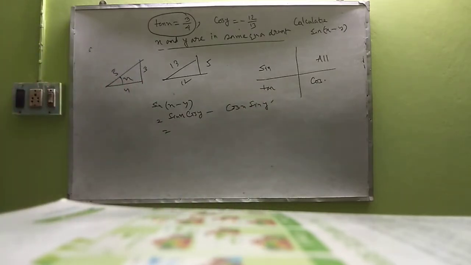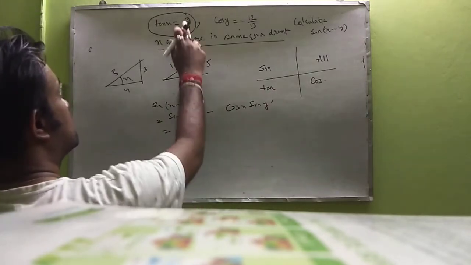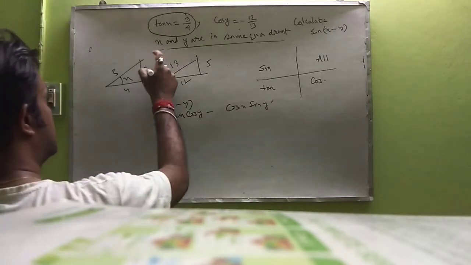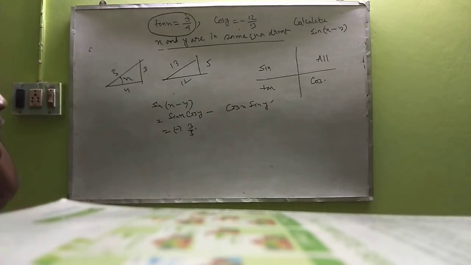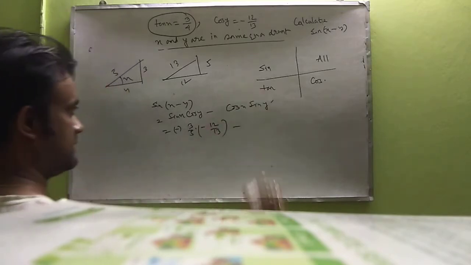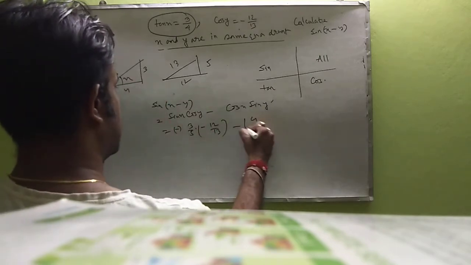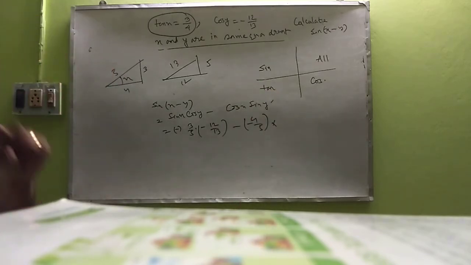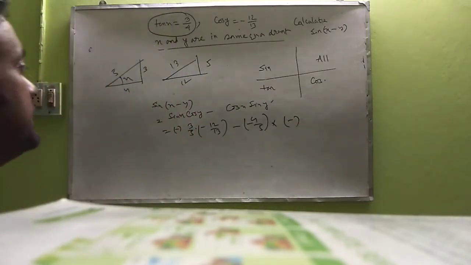Now, in the third quadrant, sin x is negative, so sin x will be minus 3 by 5, and cos y also negative, minus 12 by 13, minus cos x also negative, minus 4 by 5, into sin y, which is also negative, minus 5 by 13.